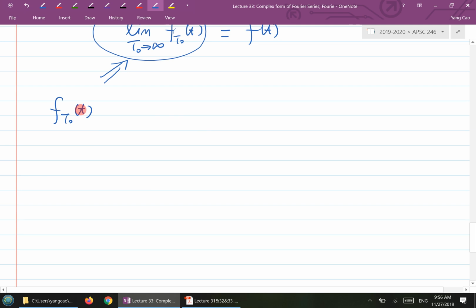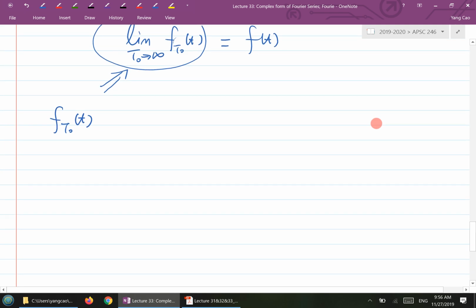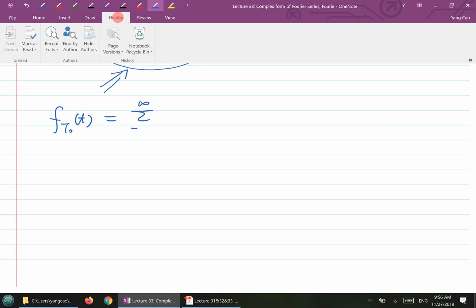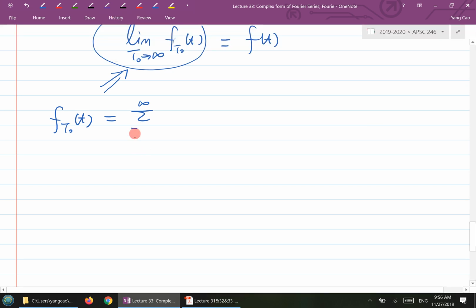This f t naught t is a periodic function, so we can write it using this complex form.